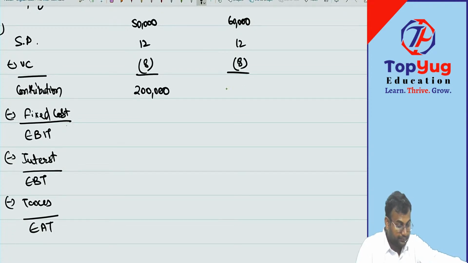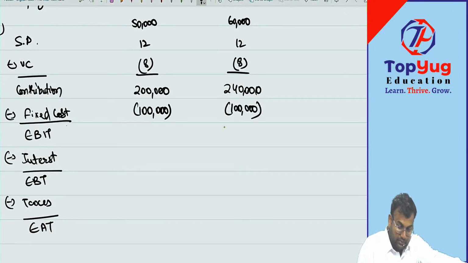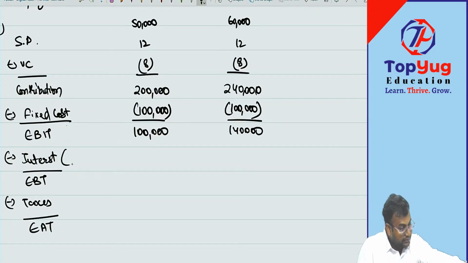And here it will be... Fixed cost stands at 1 lakh. Interest is on 5 lakhs at 10%.